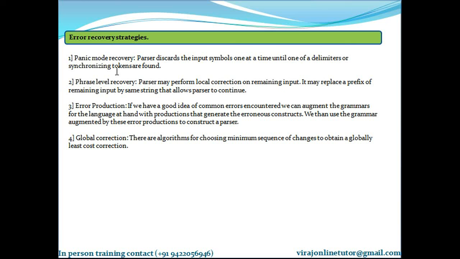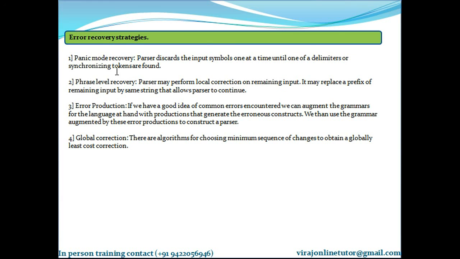And the last possible error recovery strategy is the global correction. Here we would like the compiler to make as few changes as possible in processing an incorrect input string. Here the algorithms for choosing minimum sequence of changes to obtain a globally least cost correction is the focus.